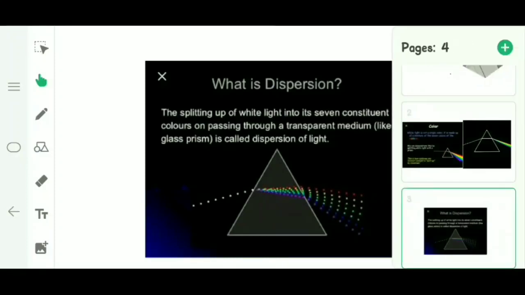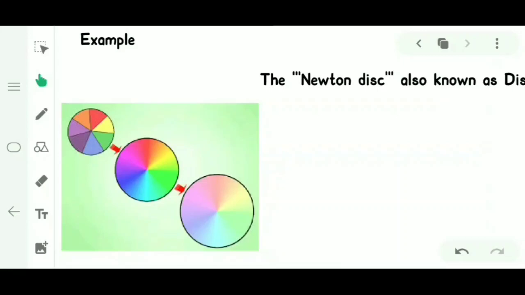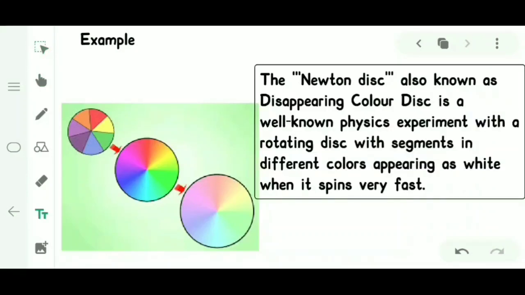Now we will take an example: the Newton disk. The Newton disk is a circular disk which has the same 7 colors. Now when we start rotating it at a fast speed, we see that all 7 colors mix together virtually, and it seems to be white light. It does not actually convert into white light.